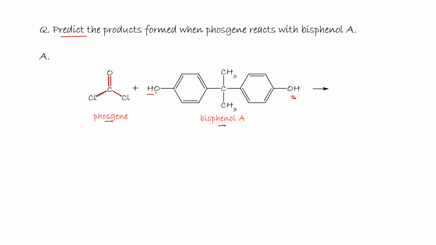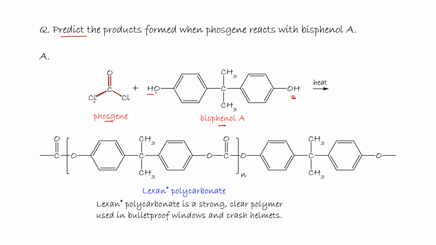A replacement of this Cl with O, and again from the other side, the other OH will replace the Cl to form a polymer. The polymer will be O, C, O, C repeating. This unit, what do we call it? The repeating unit.